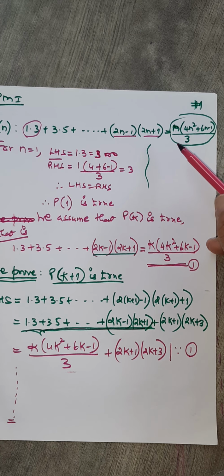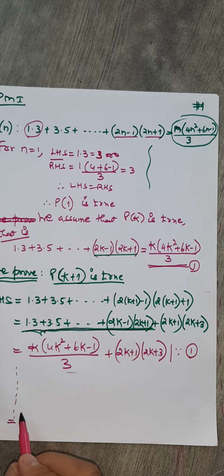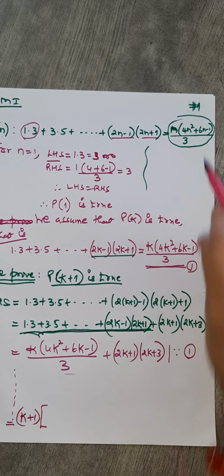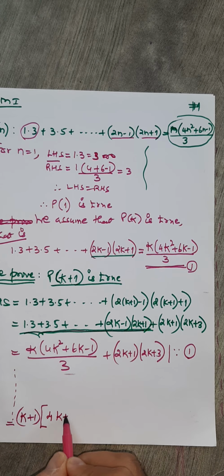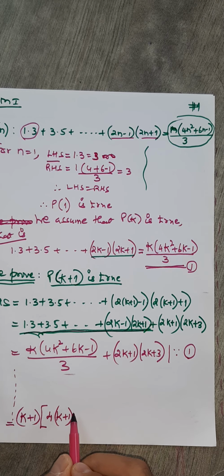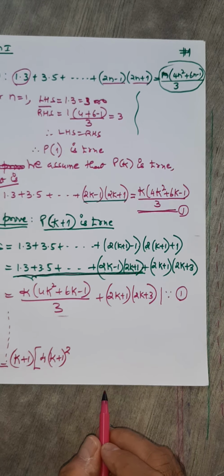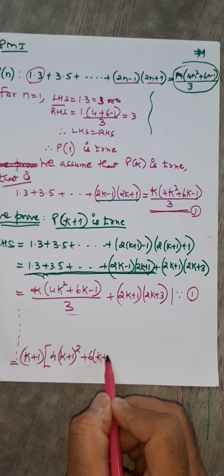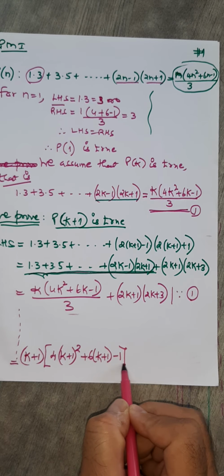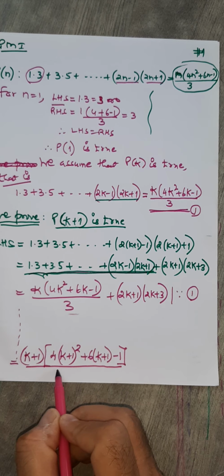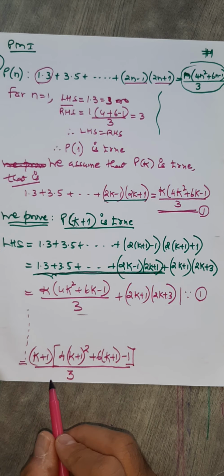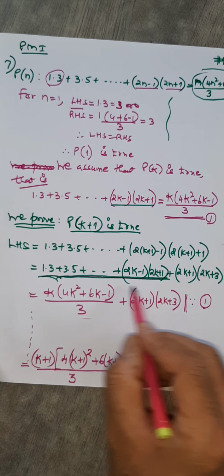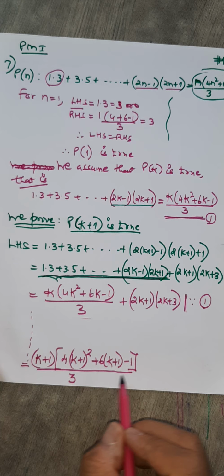You must get it like this: k plus 1 inside the bracket, 4 into k plus 1 the whole square plus 6 into k plus 1 minus 1, the whole by 3. You need to get this, remember. So just simplify this. The simplification is not a big task, it's simple algebra.